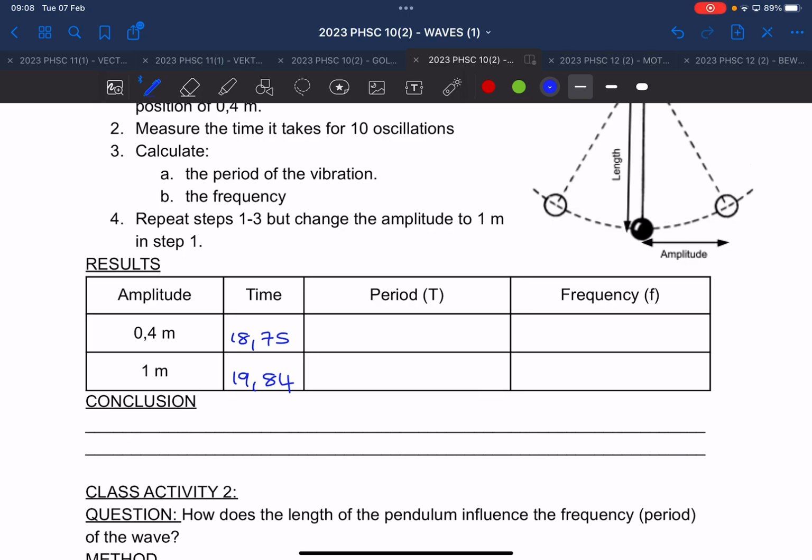Okay, now what did we change? What did we change in this experiment? From the first experiment to the second one, what did we change?